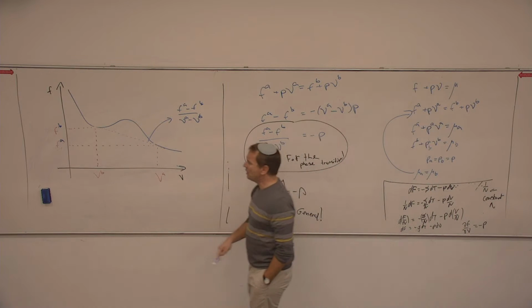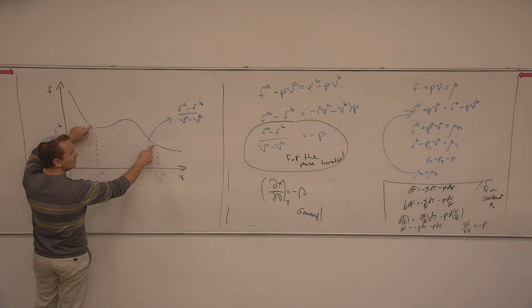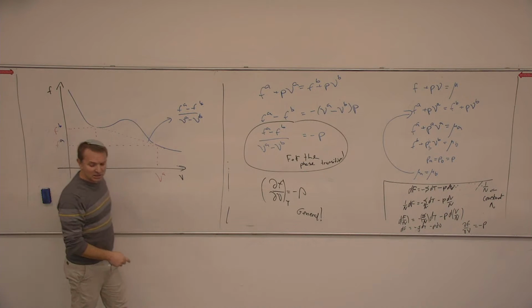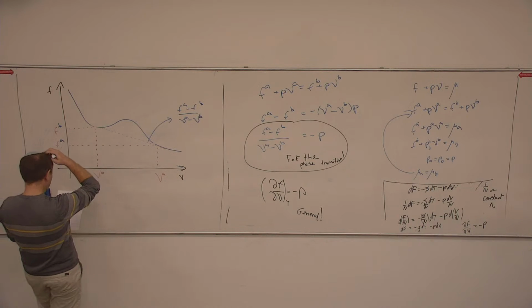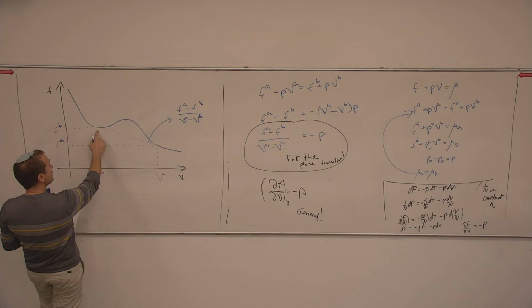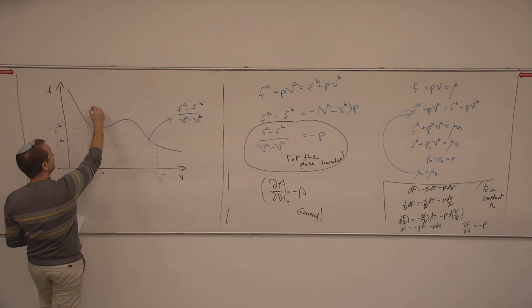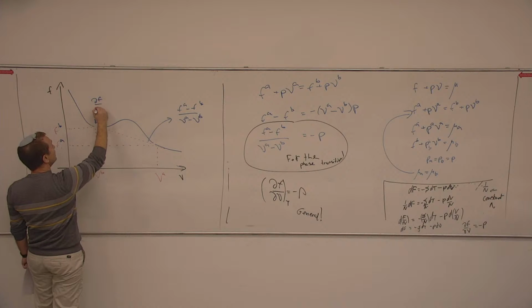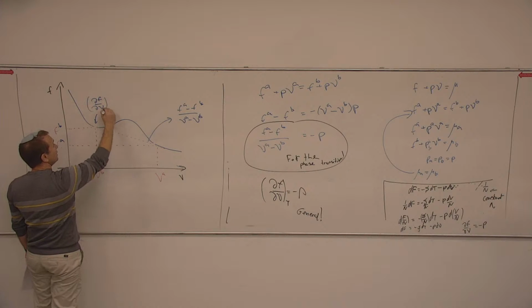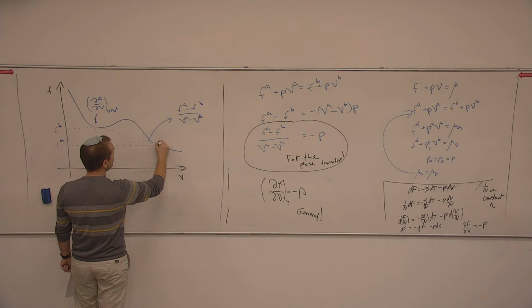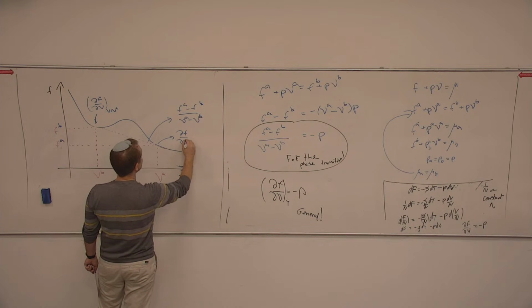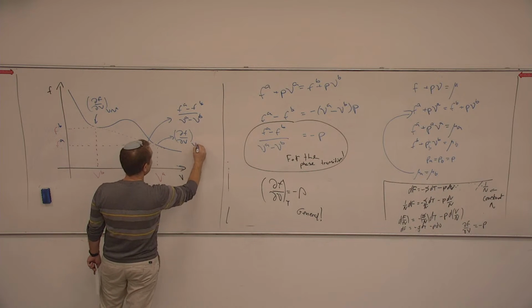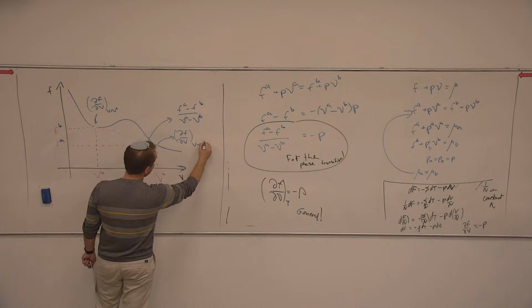Plot the free energy and find 2 points on this straight line such that the derivative at this point is df to d nu at nu equals nu A. The derivative at this point is df to d nu at nu equals nu B.